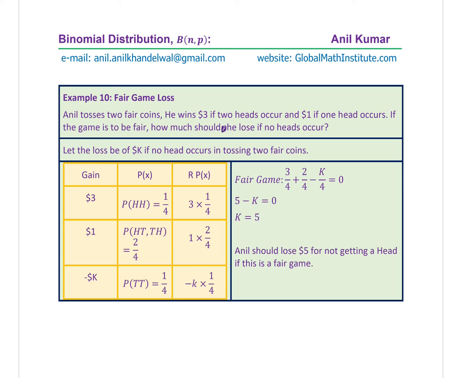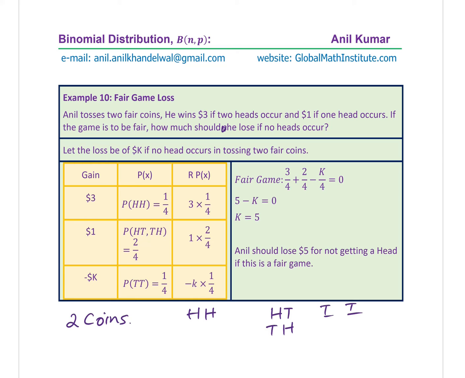So Anil tosses 2 fair coins. So there are 2 fair coins. So the outcomes could be 2 heads, 1 head, or no heads at all, correct? So 1 head, 1 tail, that could be the case. Or the case could be that you get no heads, meaning both are tails.